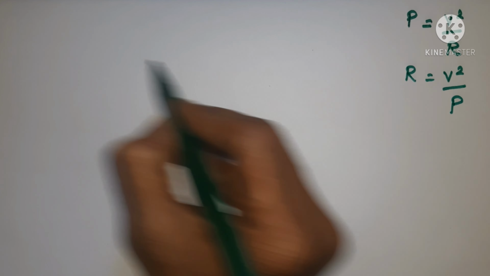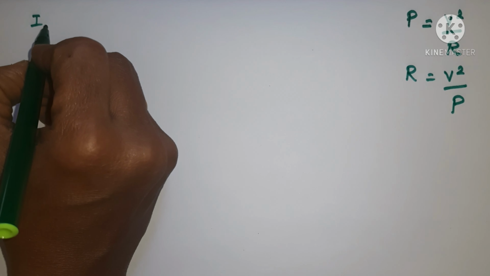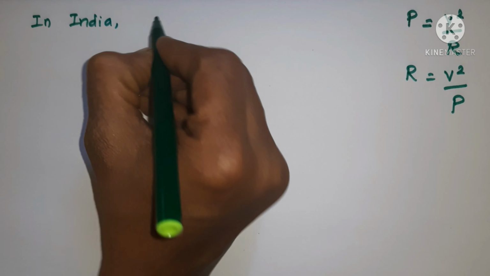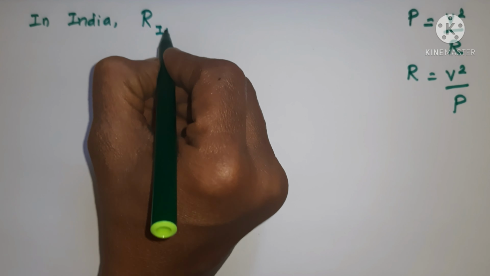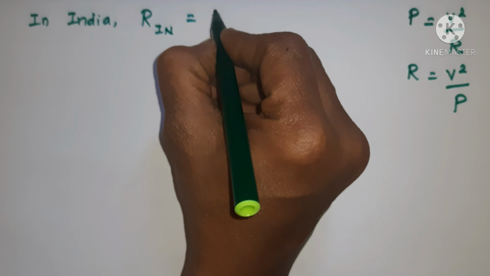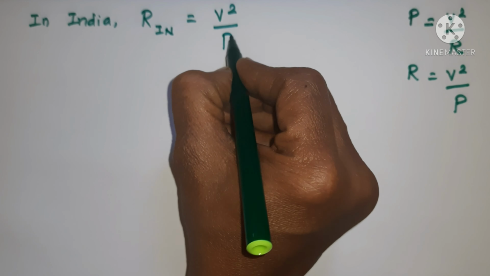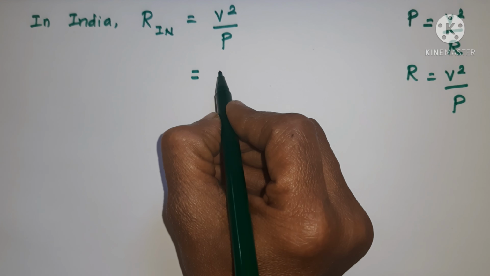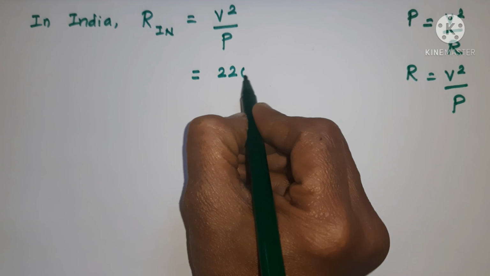We know power is equal to V square by R. Therefore, R is equal to V square by P. So in India we can write, the resistance in India is equal to V square by P. What is the V value? It's given there. V value in India is 220 volt.